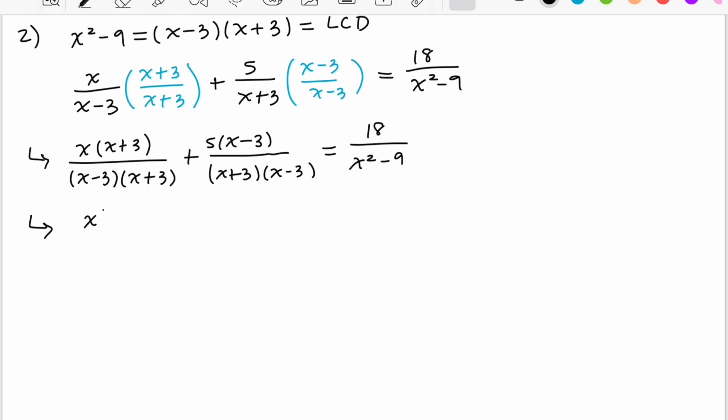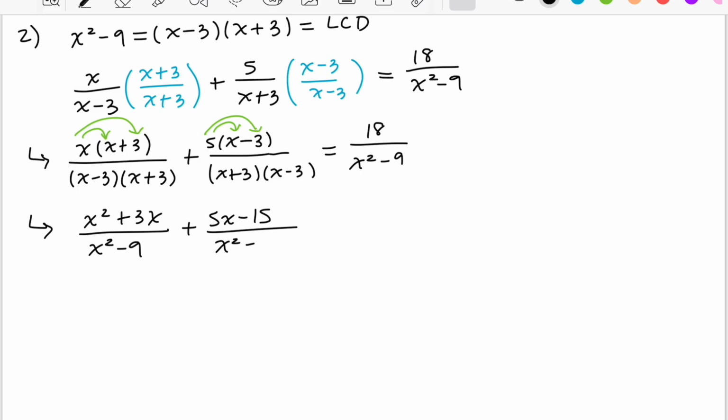We're going to get x squared plus 3x, just distributing this x to both terms. And then foiling this, we know we're going to get x squared minus 9. Similarly, we're going to distribute our 5 to our x and our minus 3 here. So we'll get 5x minus 15 over x squared minus 9 again. We have our right-hand side there.